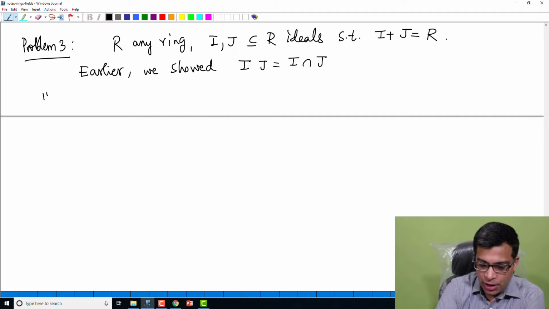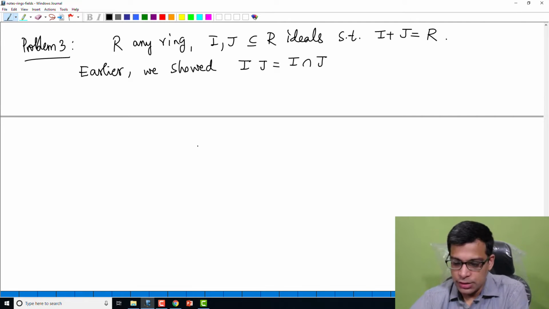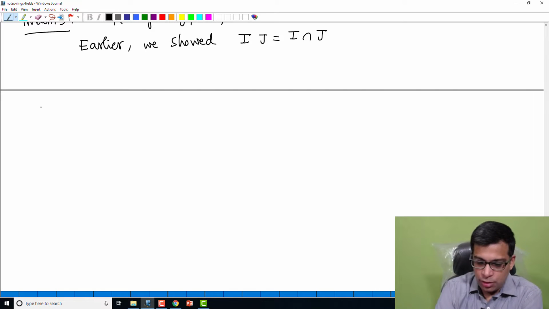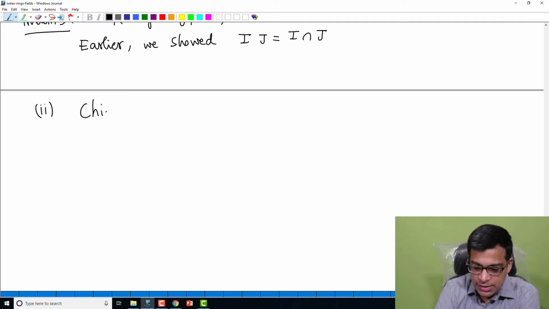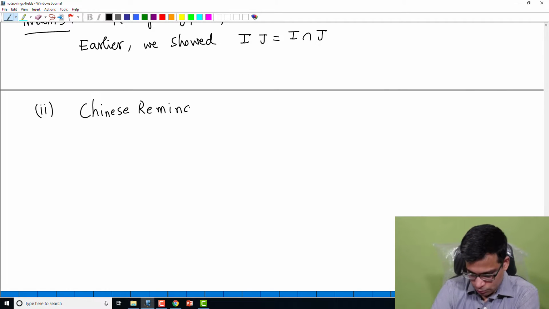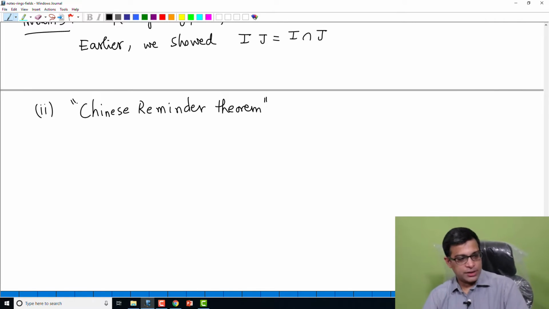Now the second part, so let me write it on a different slide. The second part is an important, famous result in mathematics called the Chinese remainder theorem. So it has this name, and what does it say?